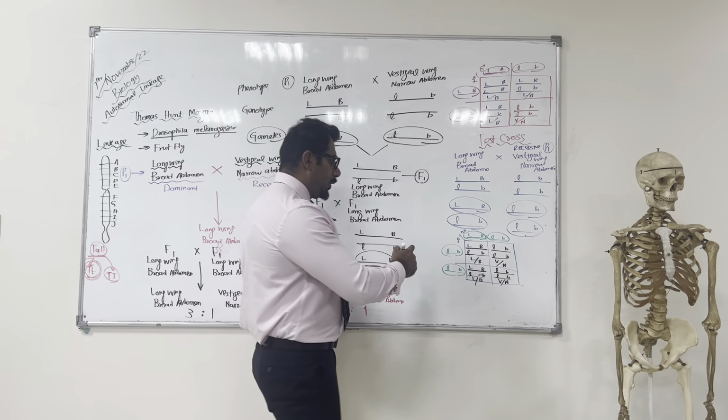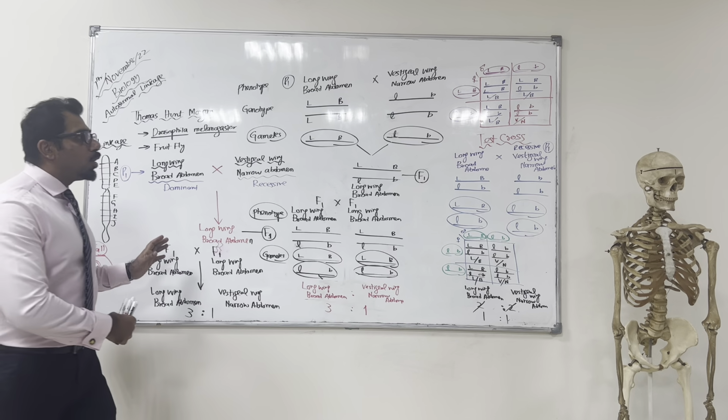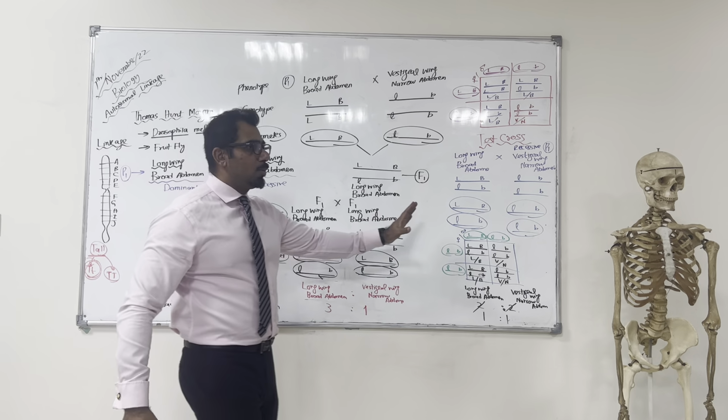Now, during the test cross, please pay attention, very important thing I'm going to talk about. When we did test cross for this, we did two test crosses, for the heterozygous as well as for the homozygous. I did not do it here for the homozygous because from that knowledge we already have experience.